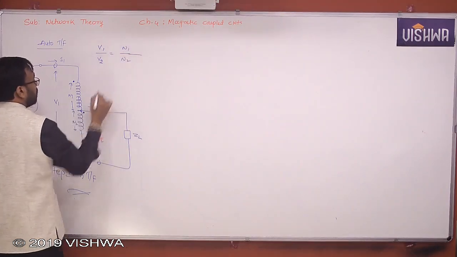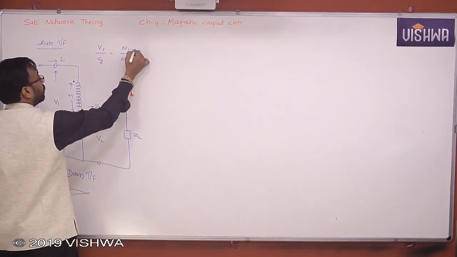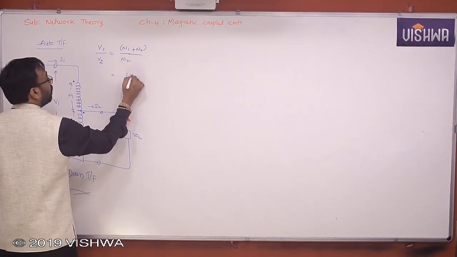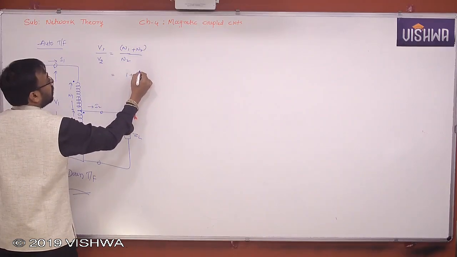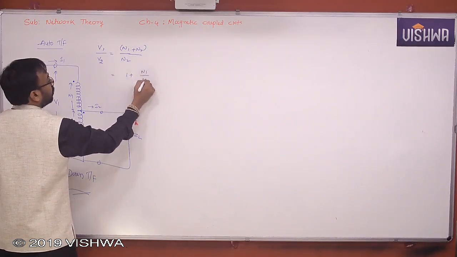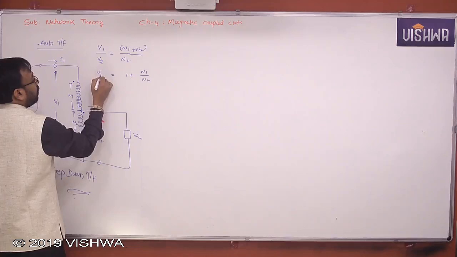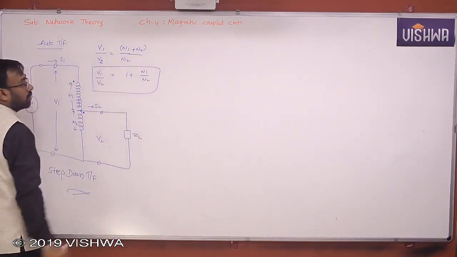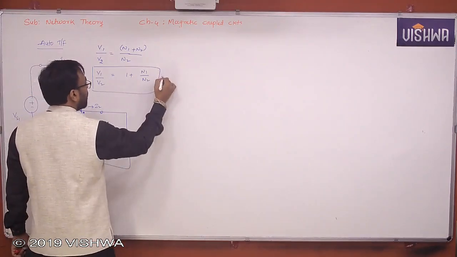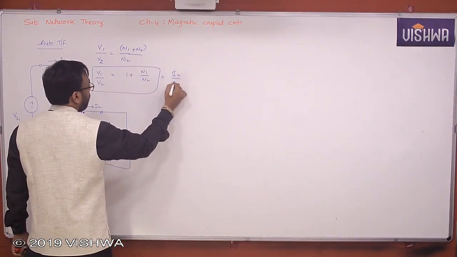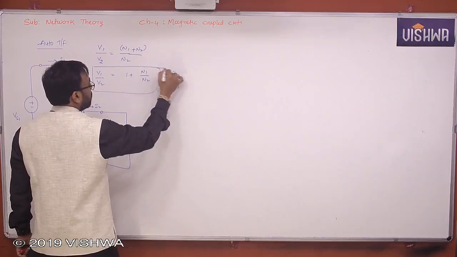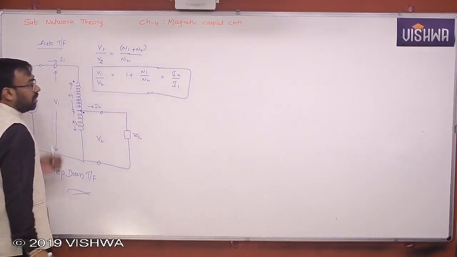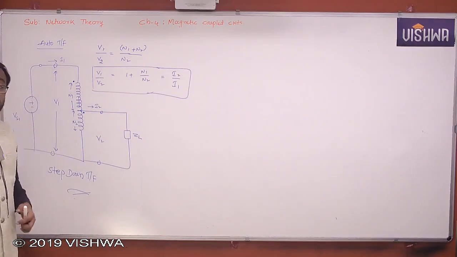But it's not N1, it is N1 plus N2 total. So what do you get here? 1 plus N1 by N2. So V1 by V2 is equal to 1 plus N1 by N2, which is also nothing but I2 by I1. Better use this also, because you already know that V1 by V2 is nothing but I2 by I1.